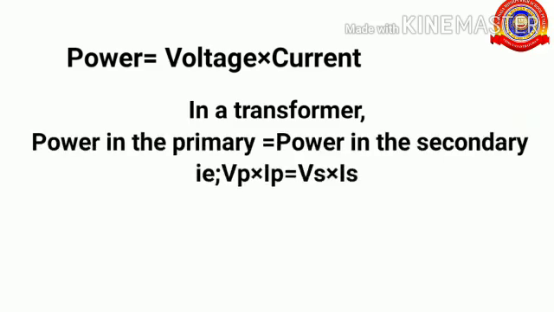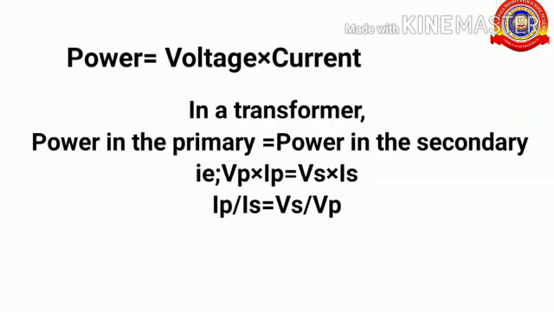If voltage and current are known, what is the formula for finding power? Yes, power equals voltage into current. In a transformer, power in the primary is equal to power in the secondary. That is, Vp × Ip = Vs × Is, where Vp and Ip are voltage and current in the primary, and Vs and Is are voltage and current in the secondary.